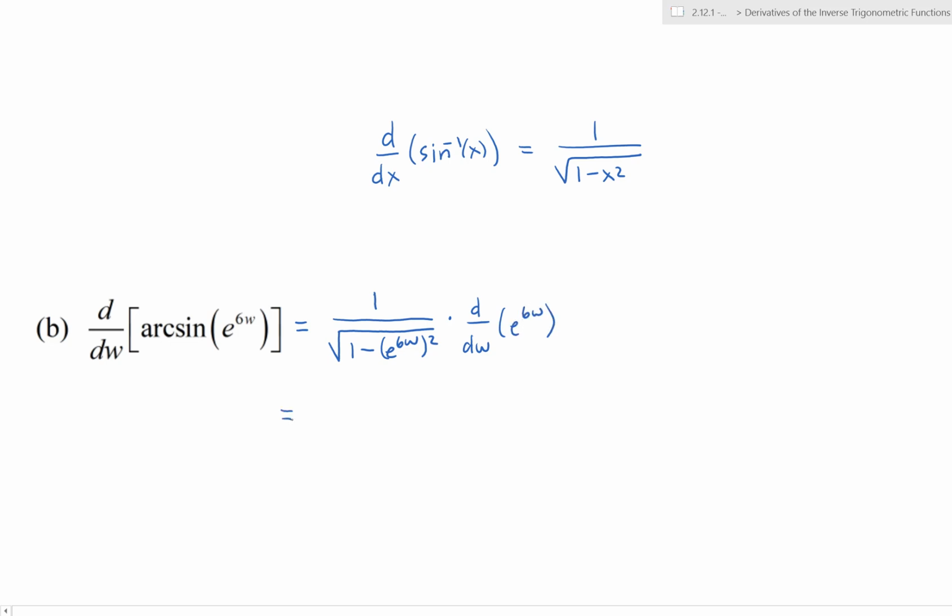So differentiate, derivative of e to the 6w with respect to w is a 6e to the 6w, and this is all being divided by the square root of 1 minus e to the 6w squared, but let's just write that as e to the 12w. And there you go, another derivative, this time involving the arcsine derivative.